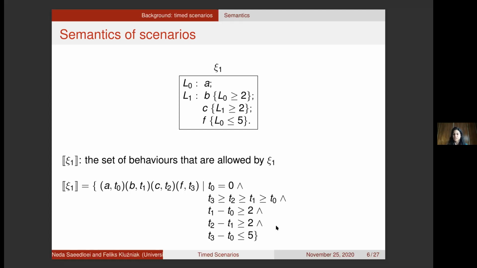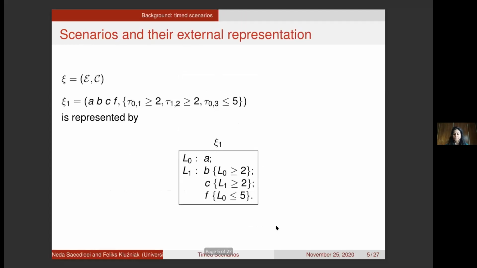For example, the first constraint says t1 minus t0 must be greater than or equal to 2, which means the time difference between B and A in all the behaviors that are allowed by this scenario must be at least 2 units of time. So I remind you, in the remainder of the paper, I will use tau to represent constraints.